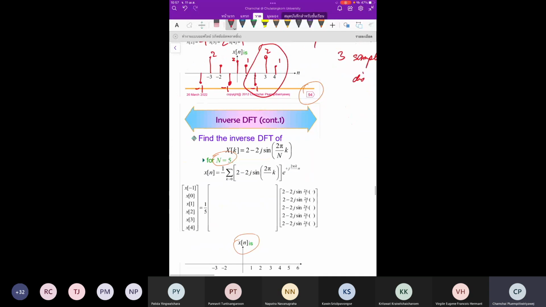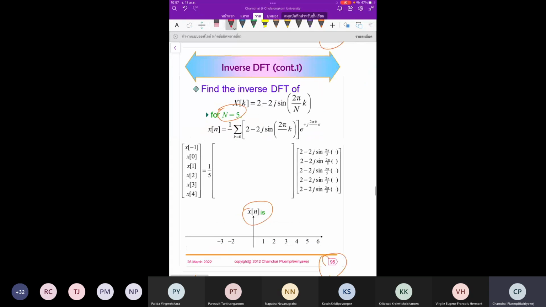What happens if you increase n equal to 5? So what do we have? We get 1 over 5, right?